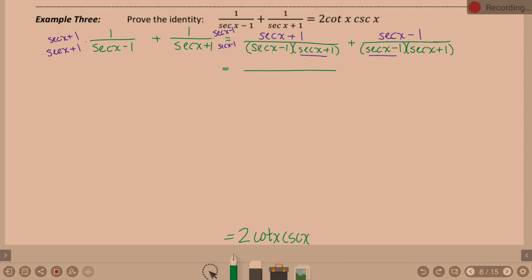Okay. The whole point of getting a common denominator is what do you usually want to do next? Combine your fractions, right? Add them together. Now, you can go ahead and multiply them, or you can wait a step and decide if you want to. You'd be safe to multiply them here. So there's my common denominator. What happens when I add these numerators?